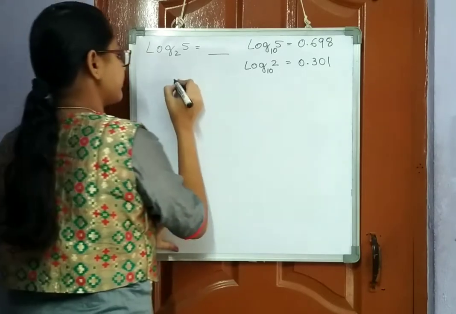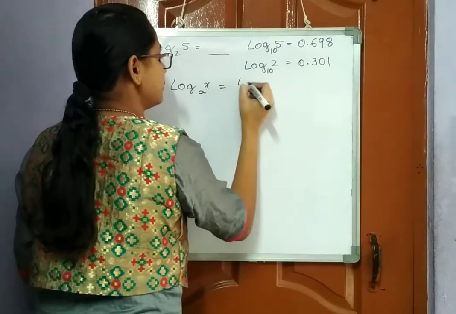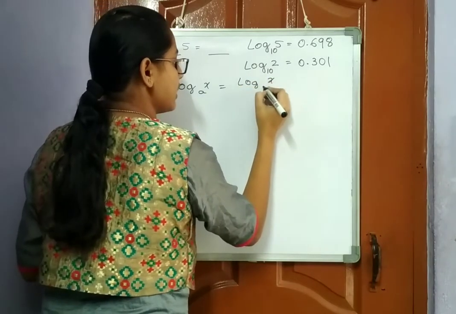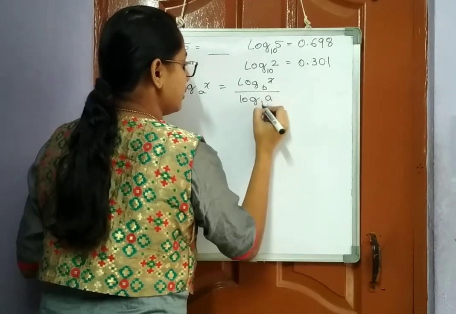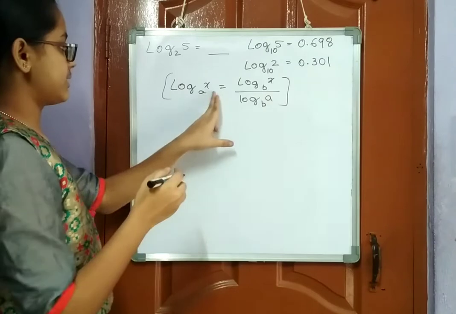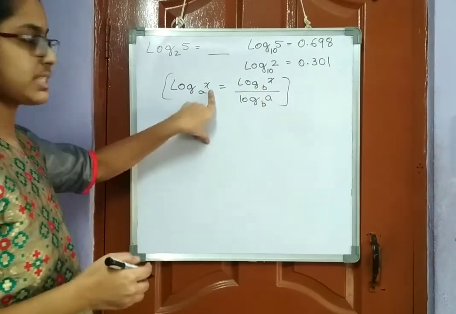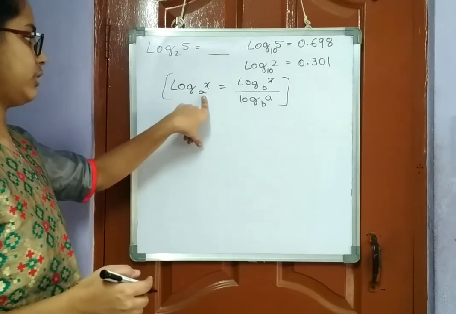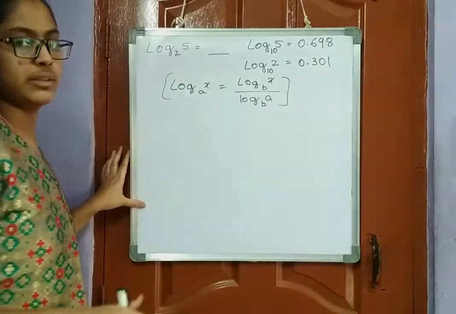That is, log x to the base a equals log x to the base b by log a to the base b. So here x, a and b are given. 5 is in the place of x and 2 is in the place of a, and here as b we have been given 10.